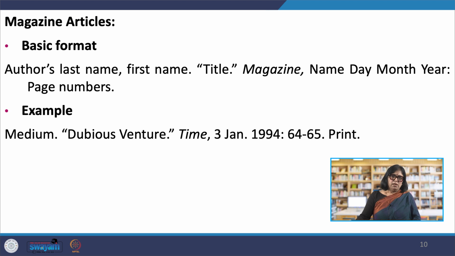Magazine articles. Now, in-text citation, same as for books and journals. Reference list, basic format: author's last name, first name, title, magazine name, day, month, year, page number. Example, Works Cited: Dubious Venture, Time, 3 January 1994, 64-65, print.